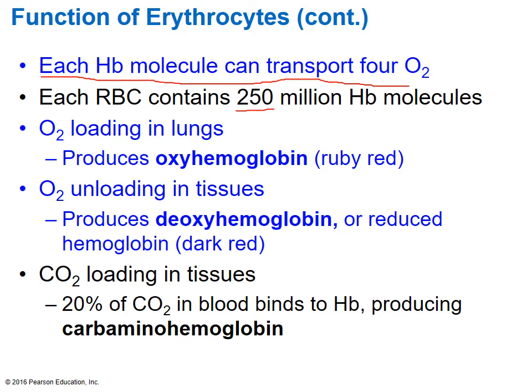In fact, oxygen that binds to the hemoglobin in the lungs, we like to call oxyhemoglobin because it indicates the interaction between the oxygen and the hemoglobin. And its interaction with the iron will give that beautiful red color that we were previously talking about.